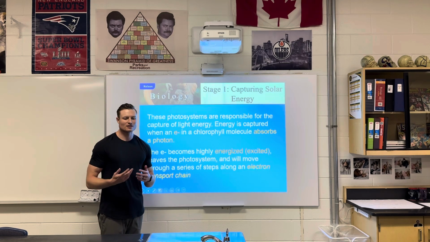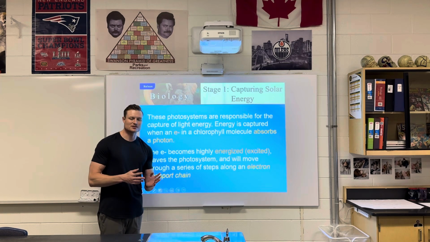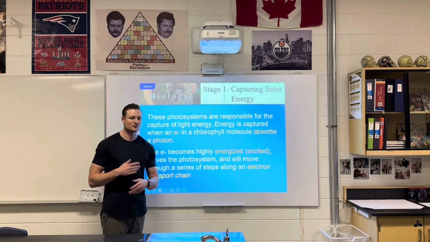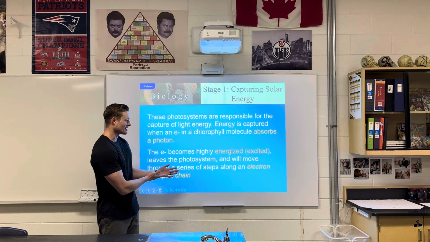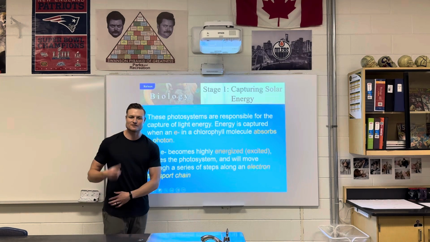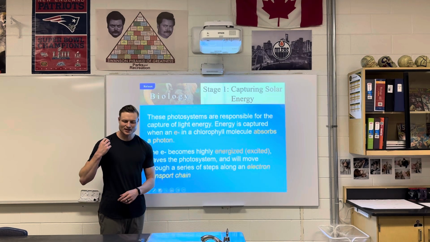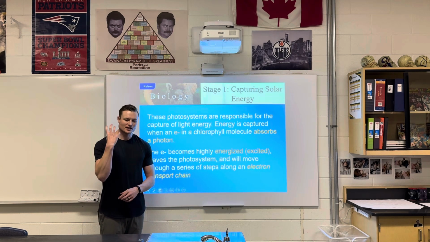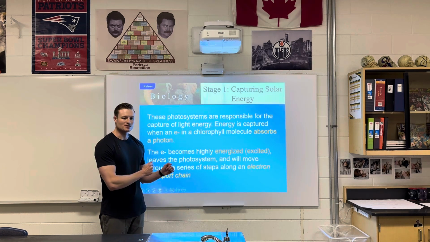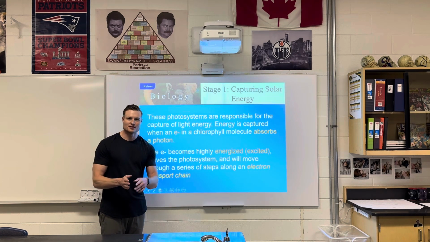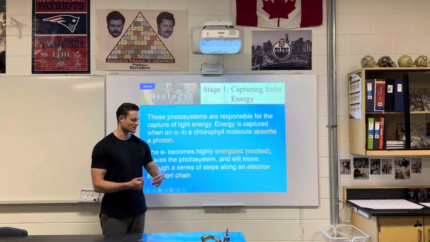Another way to think of this is like a kid at a birthday party who's had a little bit too much sugar. That would be an energized electron. It is very excited. It is a high energy molecule. It is vibrating like crazy. So we essentially want to charge up these electrons and use them to make some ATP. That's the ultimate goal here.